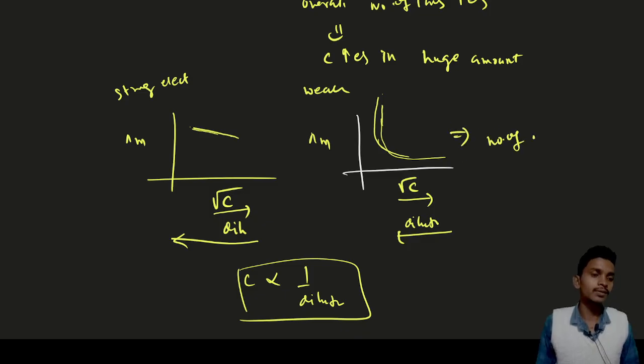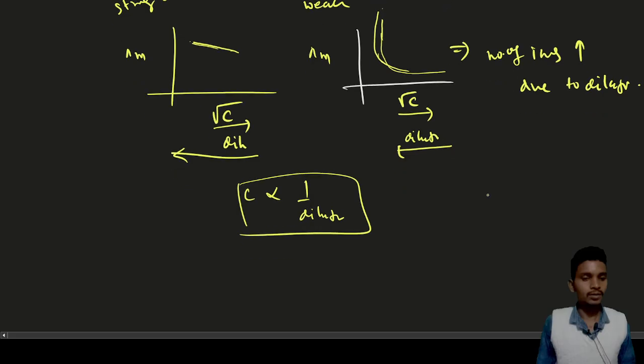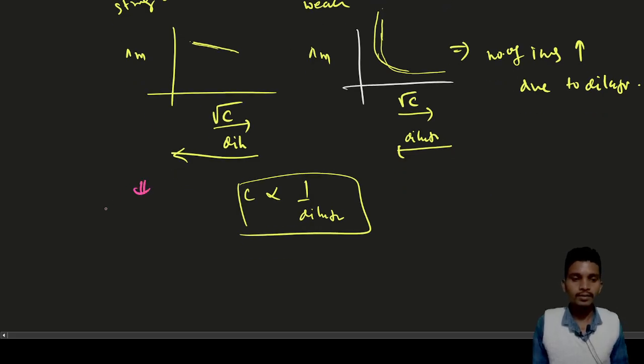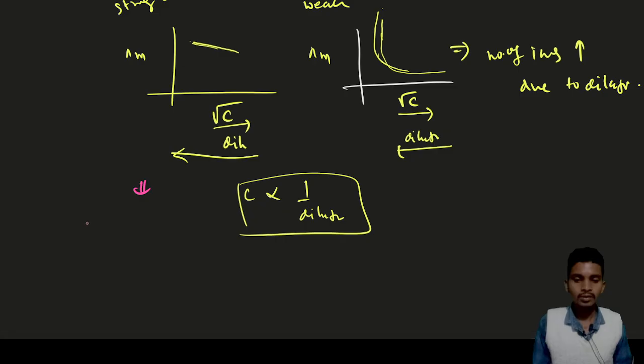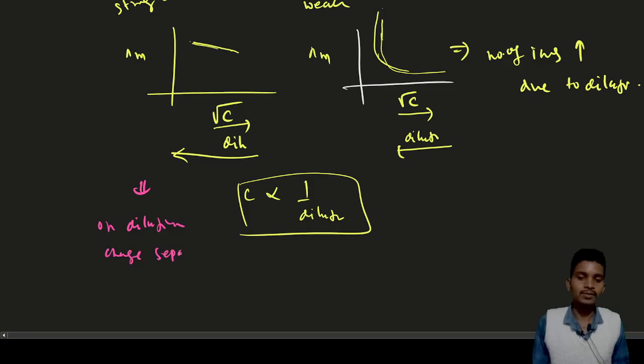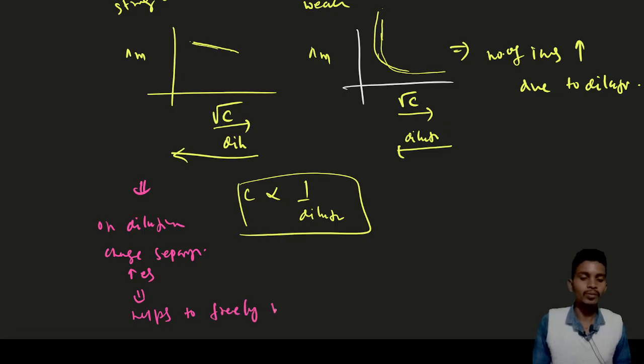the number of ions increases due to dilution. And for strong electrolytes, on dilution, charge separation increases, or helps the free movement of ions.